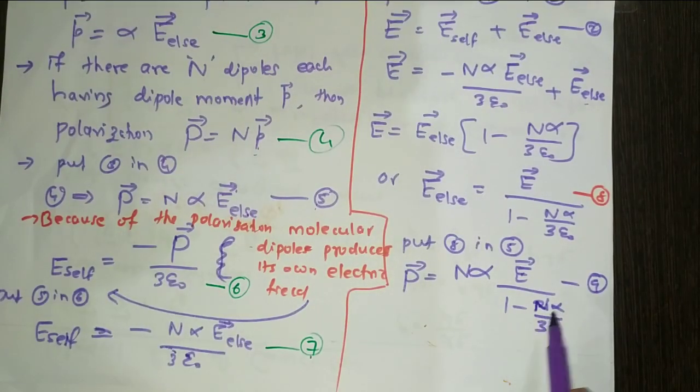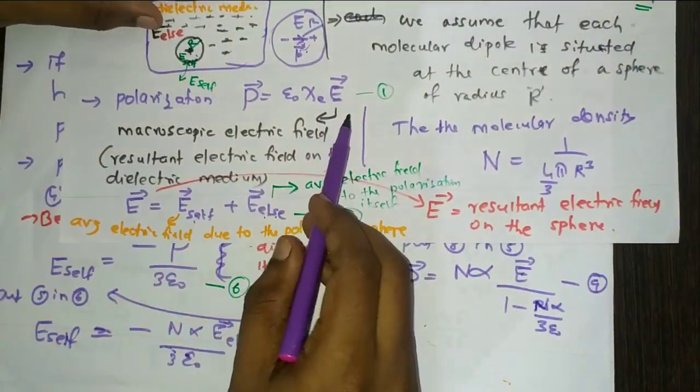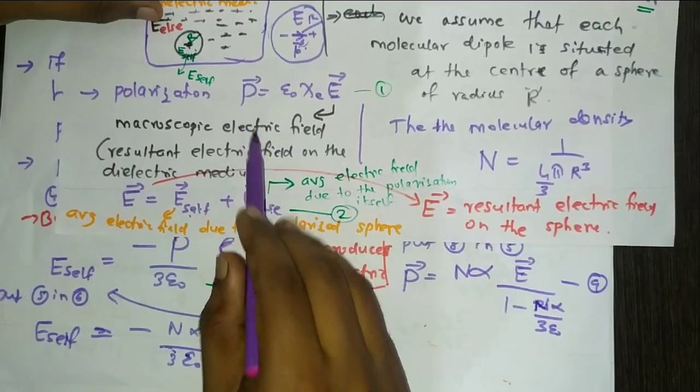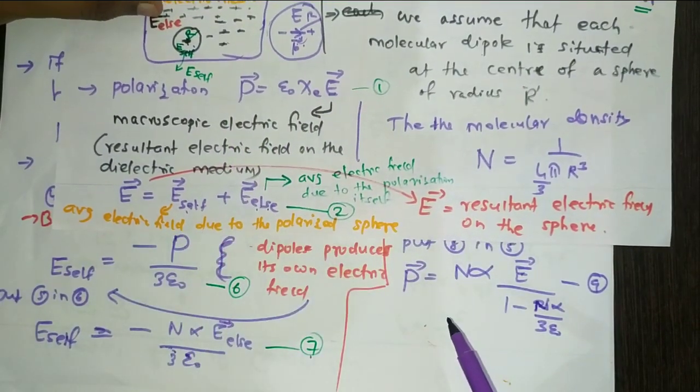Now let me compare equation 9 and our equation 1. Both represent the polarization of this dielectric medium. That means the LHS of these equations are the same.